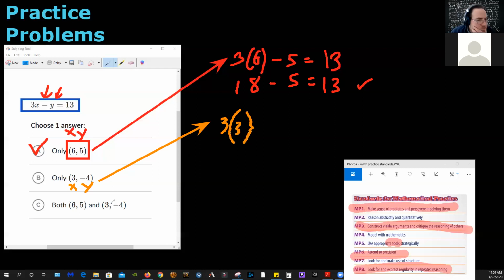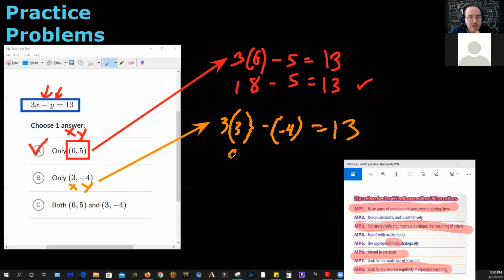That's 3 times 3. And then it's 3x minus y, which in this case is a negative 4. I have to nest that. We're trying to subtract the y value, and the y value is negative. And it's coming out to be equal to 13. We'll see if that works.